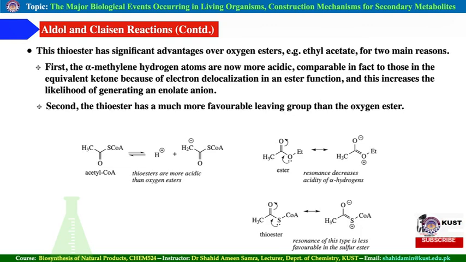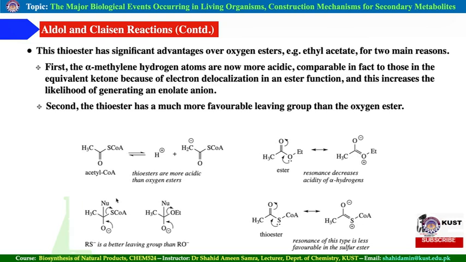The second reason is that thioester has a much more favorable leaving group than the oxygen ester. This group that is named ethoxide is not a good leaving group as compared to S coenzyme A. That is a much more favorable leaving group.